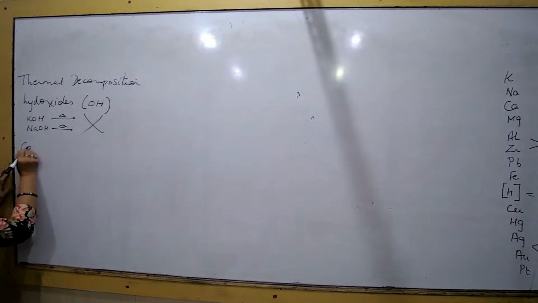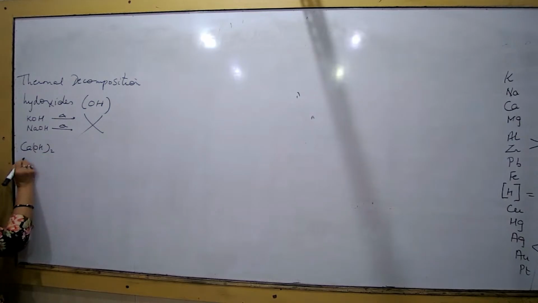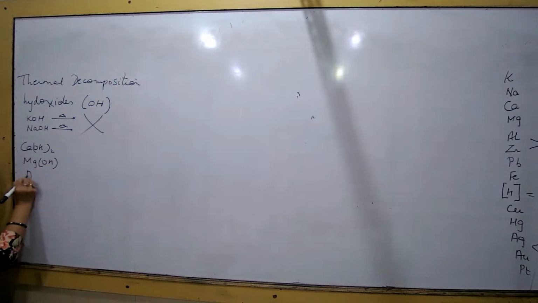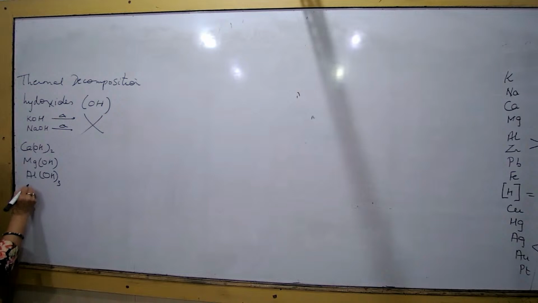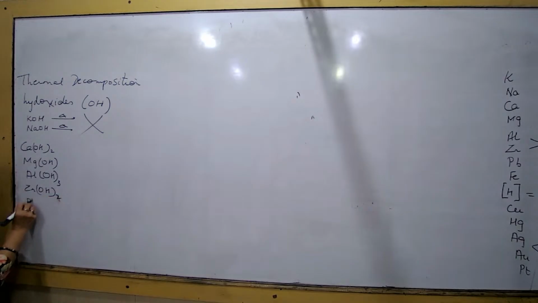Calcium hydroxide. Okay. Plus what else is there now? Magnesium hydroxide. What else then? Aluminium hydroxide. Then what else? Zinc hydroxide. Then what else? Pb hydroxide.